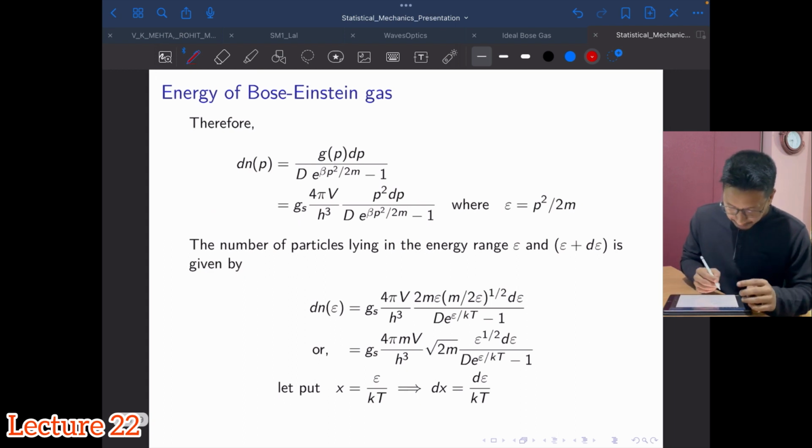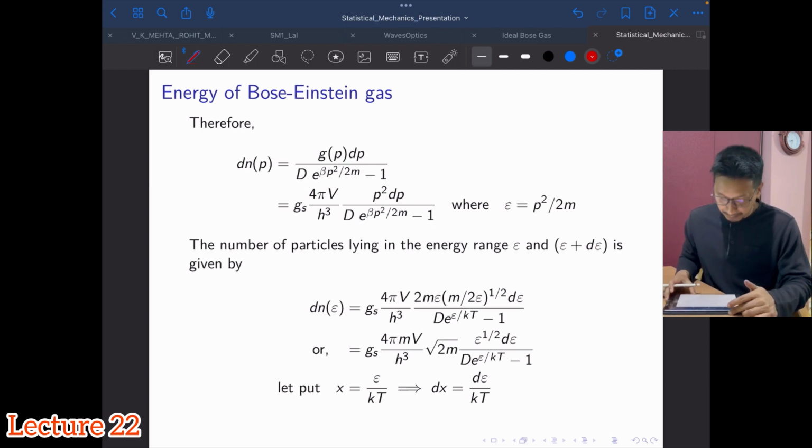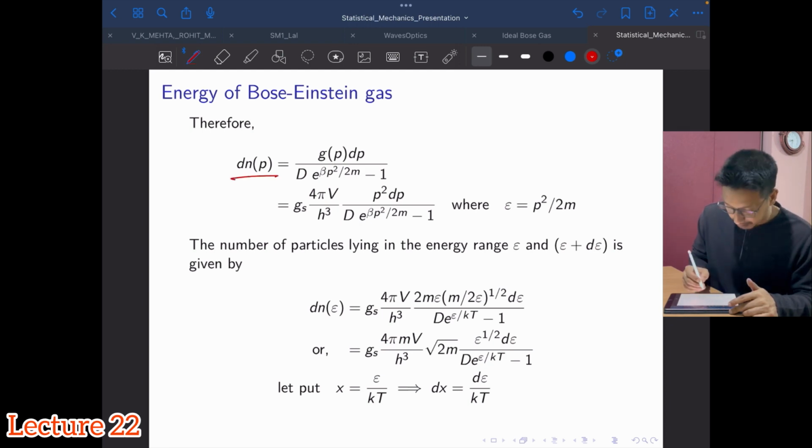That's why we can replace this discrete nature with continuous variables. So the number of particles in the momentum range P and P plus dP is given by this expression.